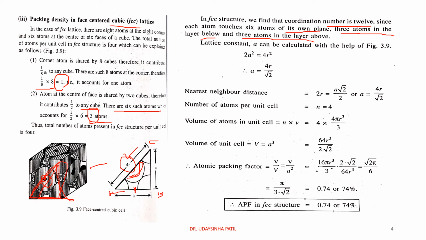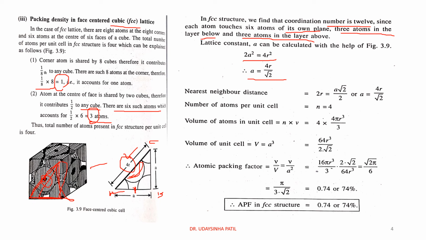Therefore we can say that 2a² is equal to 16R², and a is equal to 4R divided by root 2. Therefore we can say that the nearest neighbor distance is always equal to 2R, which is equal to a by 2 into root 2, or a is equal to 4R by root 2.